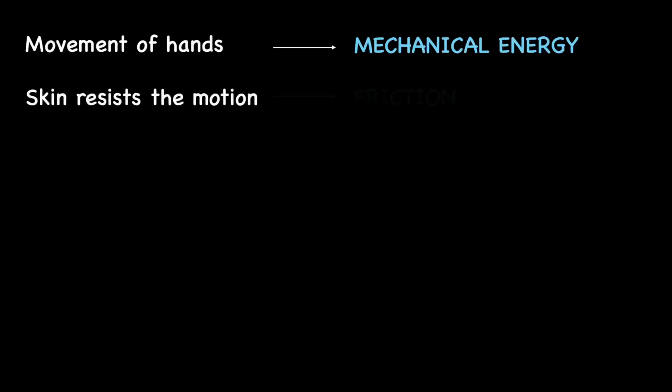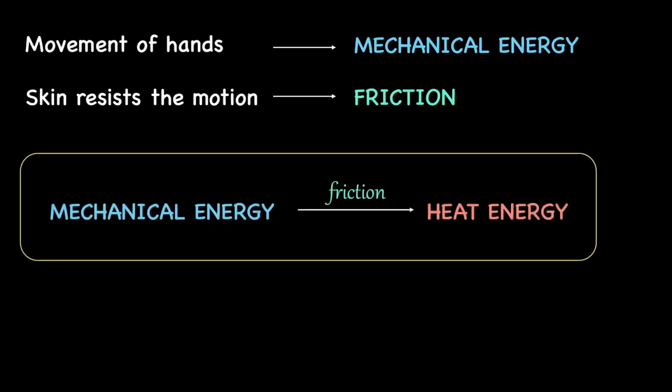Now, that is friction. So, effectively, this friction converts mechanical energy into heat energy. And this is the exact idea behind why cycle brakes heat up, why a car tire becomes warm after driving, why a hammer head heats up when you hit a nail repeatedly. It's all because friction is converting mechanical energy into heat energy.